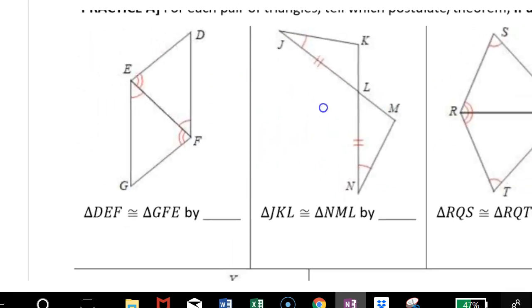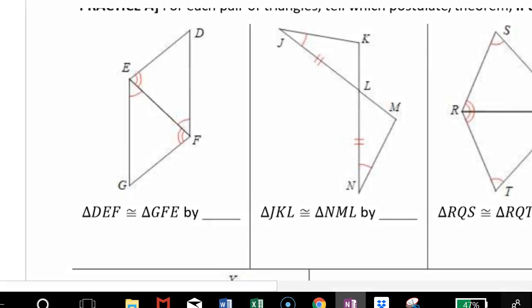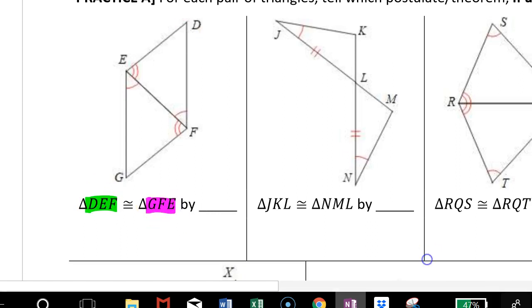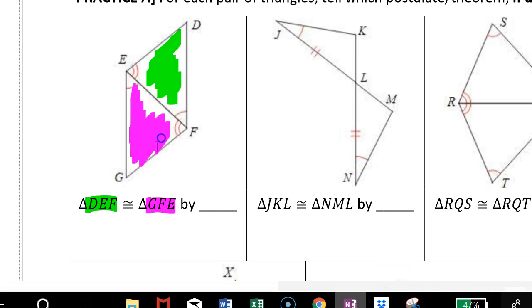So let's look at the first 2. I'm looking to see whether triangle DEF is congruent to triangle GFE. I'm going to go ahead and highlight DEF, congruent to triangle GFE. Looking at this, we see that we have 2 triangles.